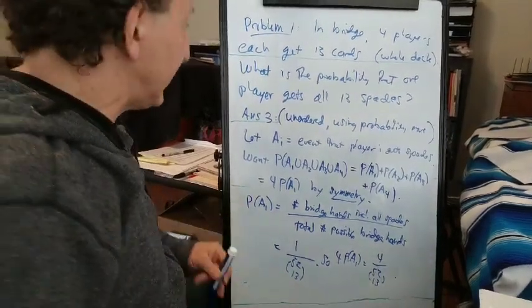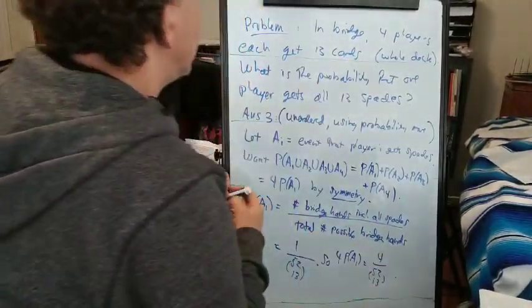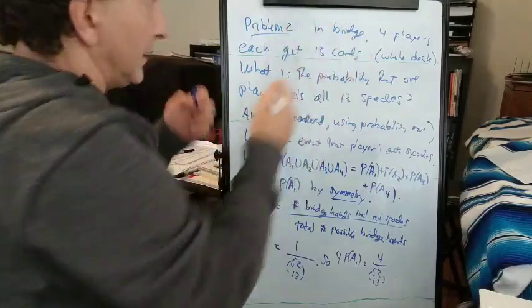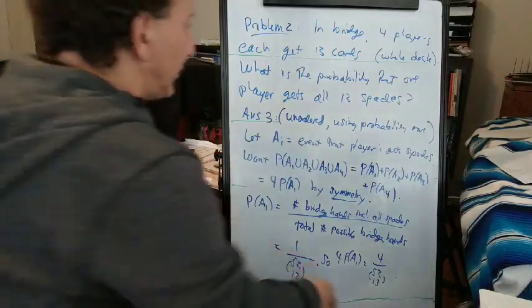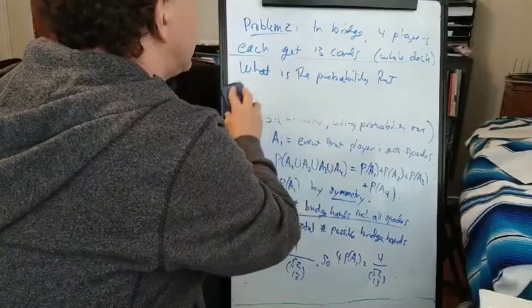All right, now let's look at a second problem. Our second bridge problem. Again, 4 players are each going to get 13 cards. What's the probability that each player gets an ace?